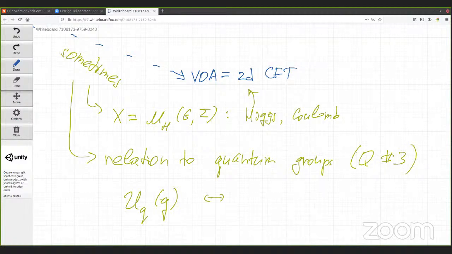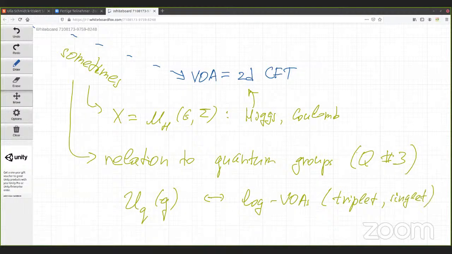So here there could be various connections to logarithmic VOAs, log VOAs, such as triplet, singlet, and various generalizations that we all love. And again, in this small world, it's also systematic, but it's not as big a world as the relation between geometry and algebra emphasized above. And there could be various other connections to VOAs.